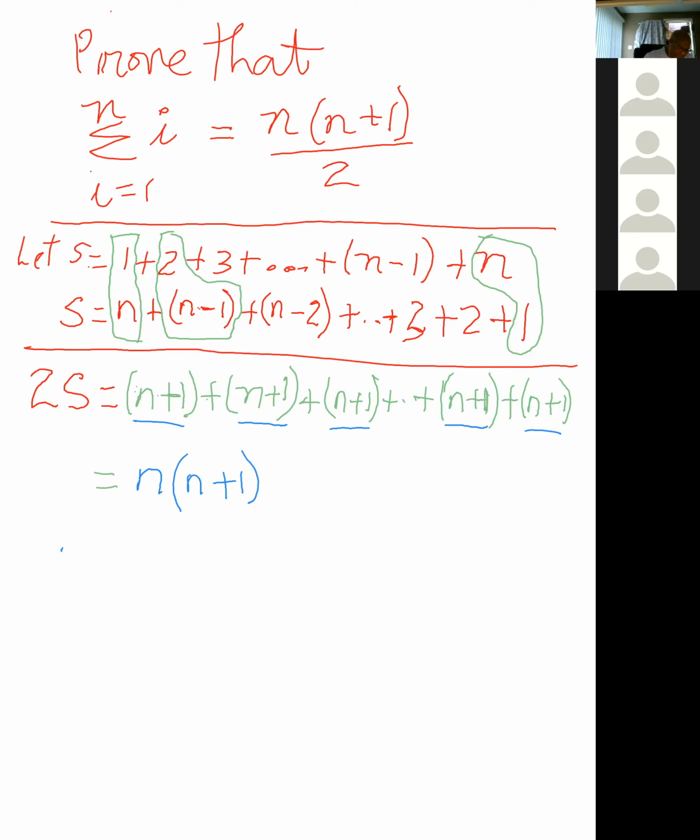So therefore, the sum is going to be equal to n times (n plus 1) over 2. Okay?